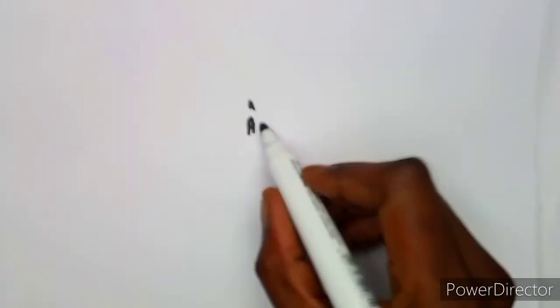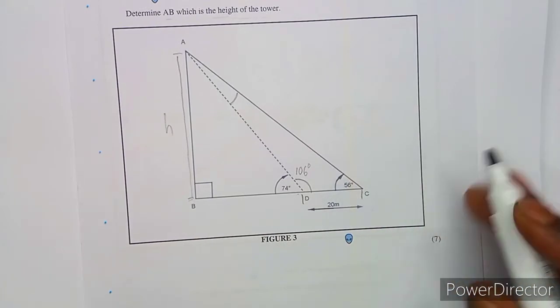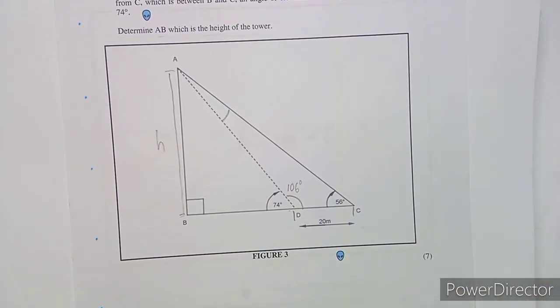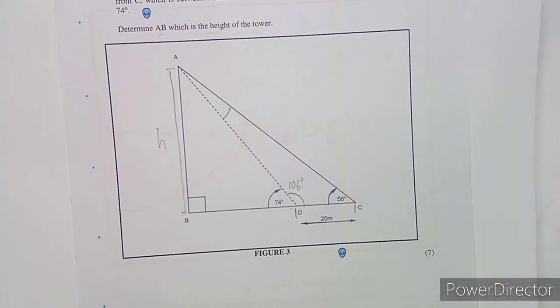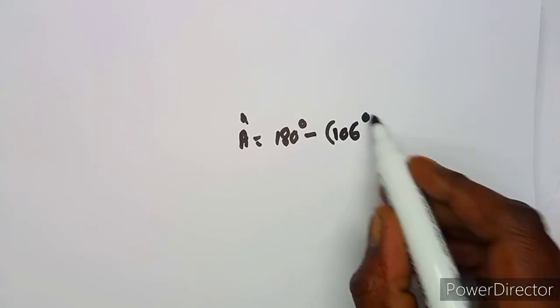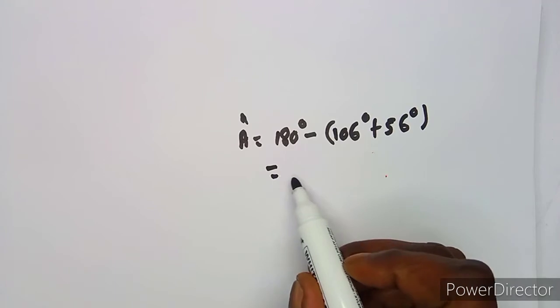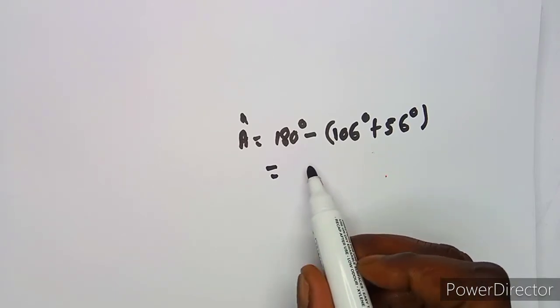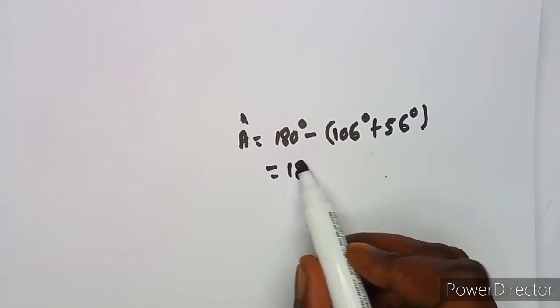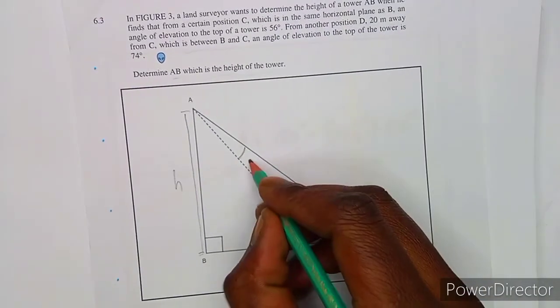So angle A is going to be 180 minus the sum of the given angles, that is 106 and 56. So 106 degrees plus 56 degrees, and this is going to give us 18 degrees. So here we shall have 18 degrees.